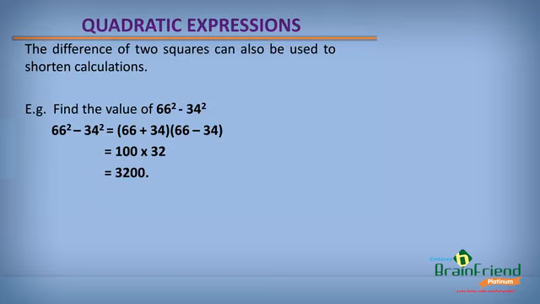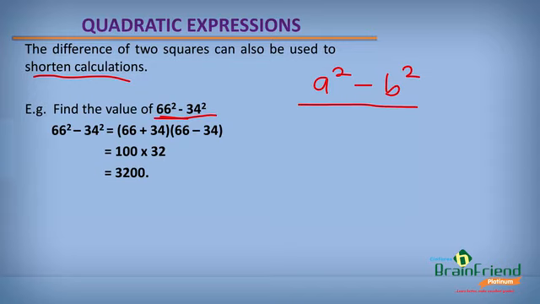The difference of 2 squares can be used to shorten calculations. For example, find the value of 66 squared minus 34 squared. 66 squared minus 34 squared is already in the form a squared minus b squared, so this also is the difference of 2 squares.